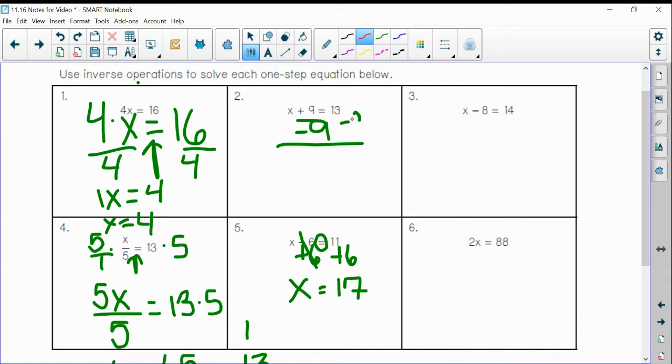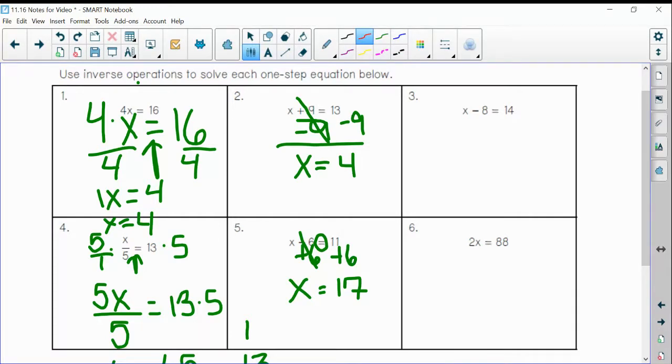So I'm going to subtract 9 on the left as well as the right. Plus 9 minus 9 cancels out to 0, so we're simply just left with x. And then 13 minus 9 is 4. Did you get that? If you didn't, do you see what you did wrong? If you don't see what you did wrong, these are awesome questions to bring to our guided practice.